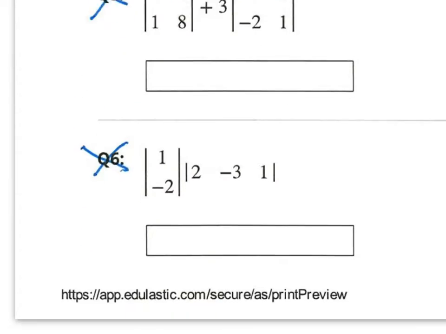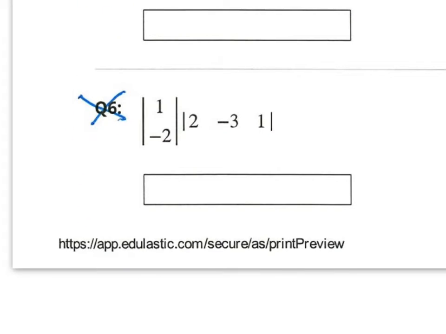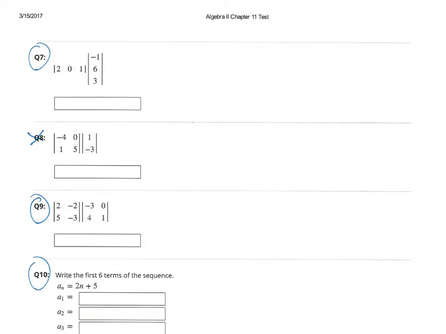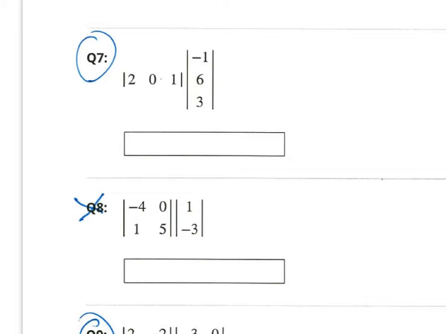We're skipping 5 and 6 to the next page. So number 7, now we're multiplying. This is a 2 by 1 times a 3. Or excuse me, I screwed that up. Hold on. Let's rewrite that.